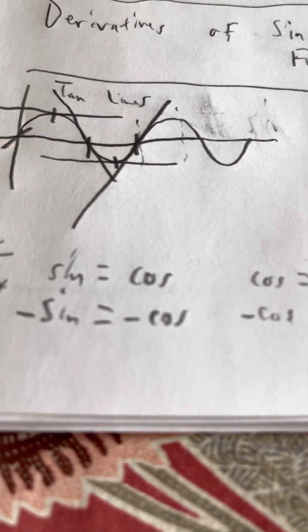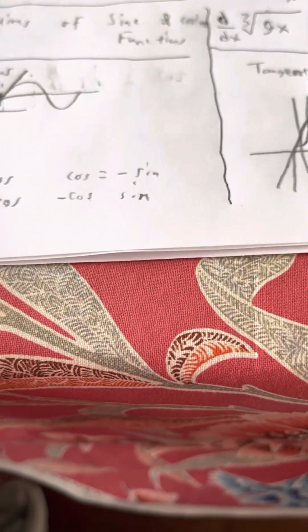Derivative of sine equals cosine, cosine equals negative sine, negative sine equals negative cosine, negative cosine equals sine, and back around. It's the unit circle clock, just like the i clock for imaginary numbers. It goes around and around and around.